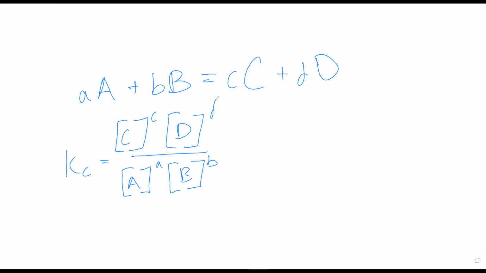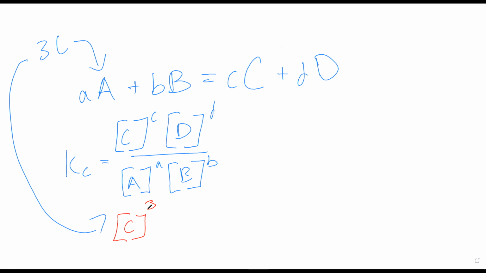So when I look at this, what does this mean? It means that, say for instance, I had that 3 carbon thing I had before, and it's being represented as lowercase a capital A. When I put it into my Kc formula, what it's instead going to look like is the concentration of carbon to the power of 3. I take this number and I turn it into an exponent.